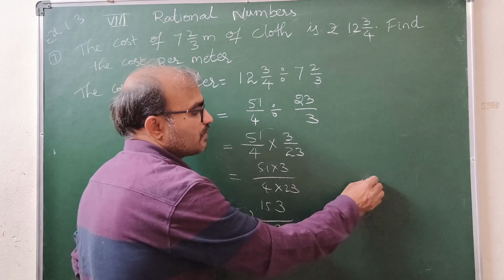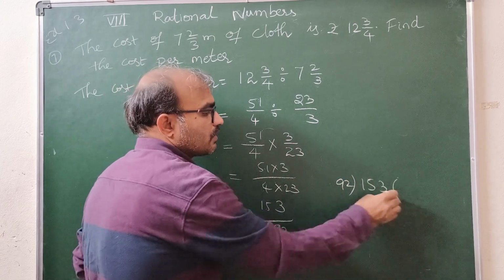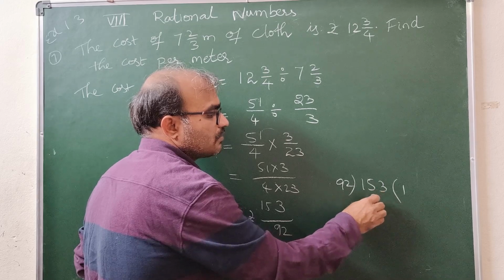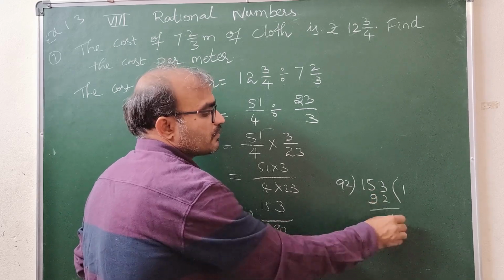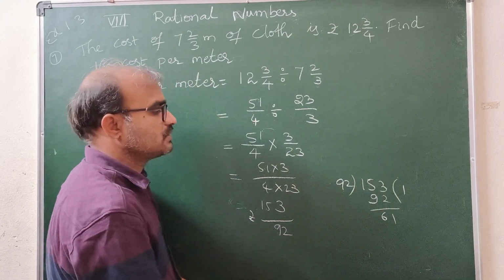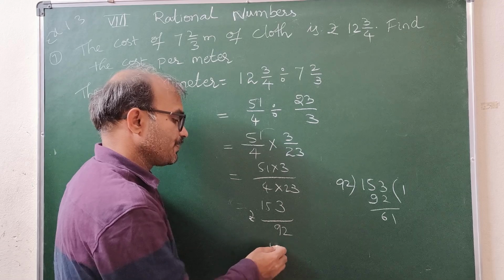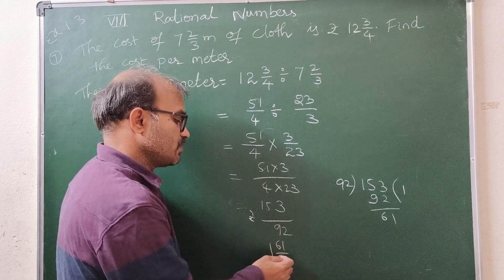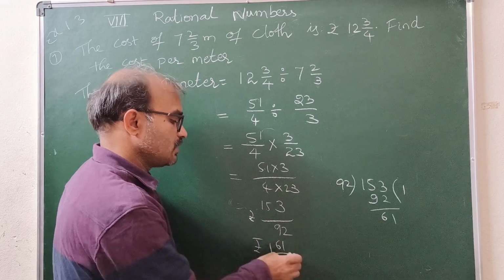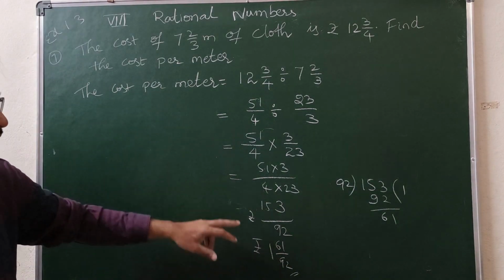You divide 153 by 92: 1 time 92 is 92. If you subtract, 15 minus 9 is 6, and you get 61. So this will be 1 whole 61/92 rupees, right? The cost per meter.